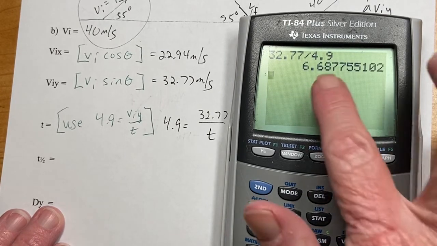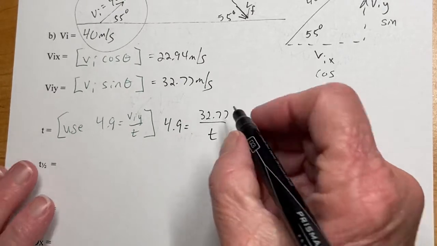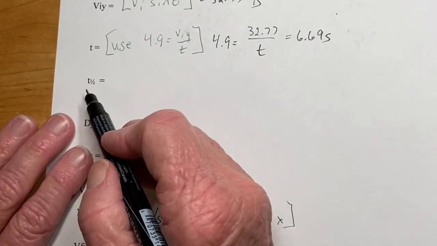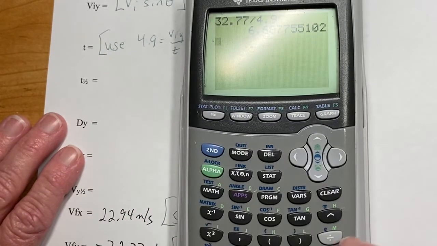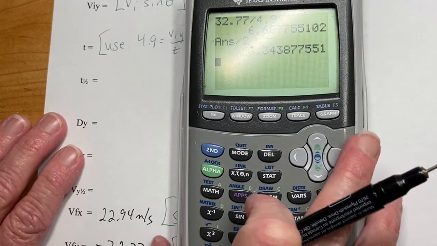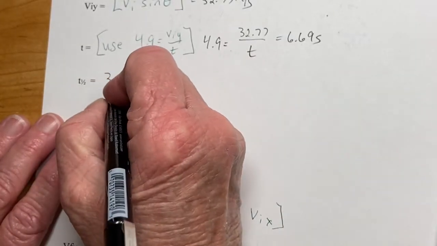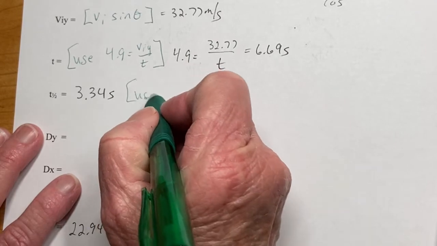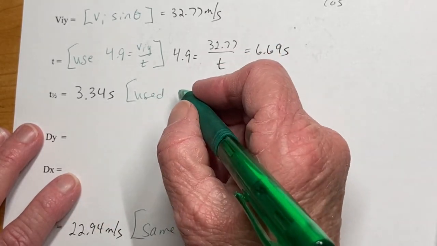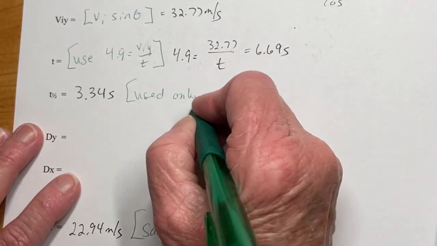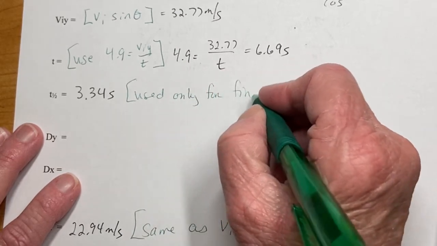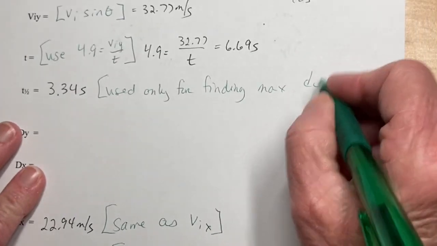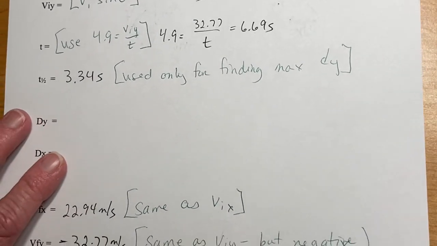I'm going to get 6.69 seconds. Now, T1/2 just stands for the halftime. So I'm just going to divide this by 2. I'm going to use 3.34. And this is used only for finding the maximum dy, the maximum height of a trajectory.